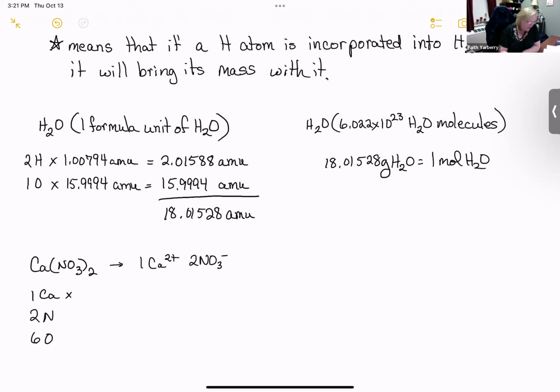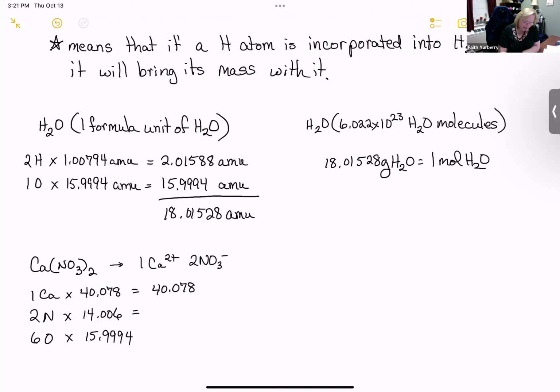The calcium brings with it a mass of 40.078. The nitrogen brings with it a mass of 14.006 and the oxygen 15.9994. So the calcium contributes 40.078 to the overall structure.